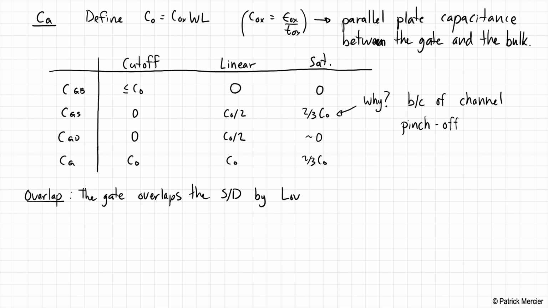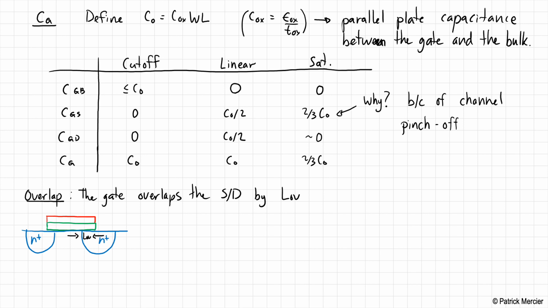Okay, and just to be explicit here, if we quickly just redraw that MOSFET, if you notice in that first drawing, I intentionally put these doped areas here a little bit into the channel, and that's because what ends up happening is you get this little area here called the overlap area.